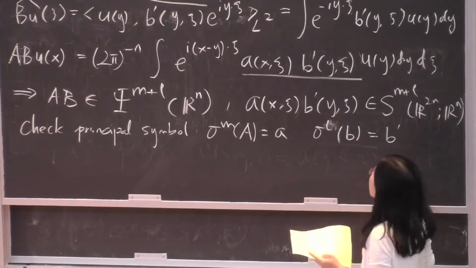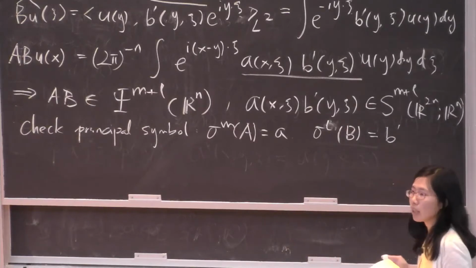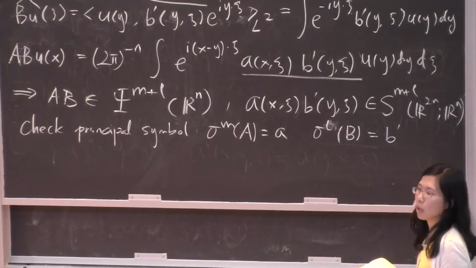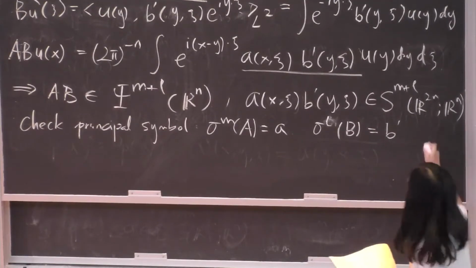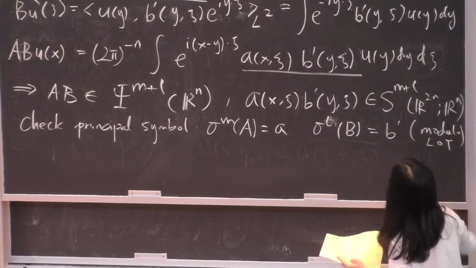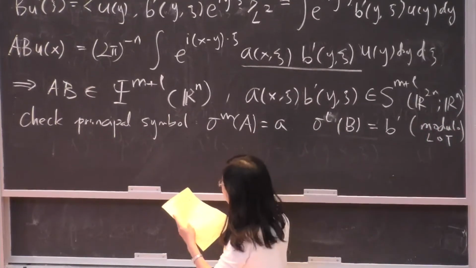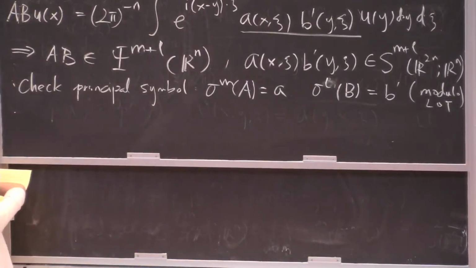And therefore, the principal symbol of AB is given by a times b. Again, everything is modulo lower order terms. Since the principal symbol is an equivalence class, there's no problem. I should say that everything is modulo lower order terms. Okay, so not much is happening here. But let me also mention the commutator.